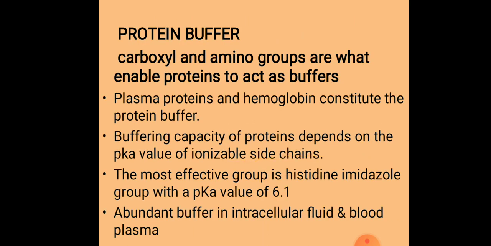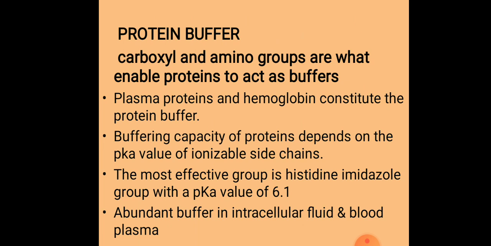Now, next is the protein buffer. We know proteins are made up of amino acids. The amino acids possess carboxyl and amino groups, and these are the groups which enable proteins to act as buffers. Plasma proteins and hemoglobin constitute the protein buffer.